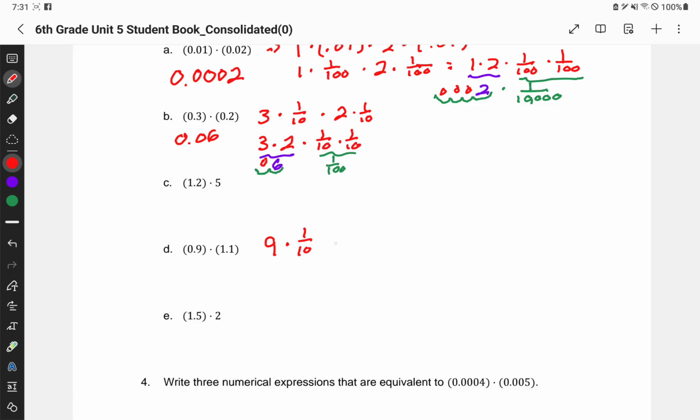And this would be 11 times 1 over 10, because there's 11 tenths. And so that would be 9 times 11 times 1 over 10 times 1 over 10. That's 99. That's 1 over 100. So we move the decimal 2 spots, and we get 0.99.